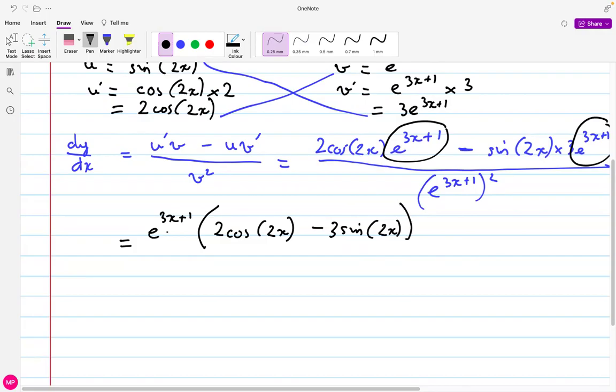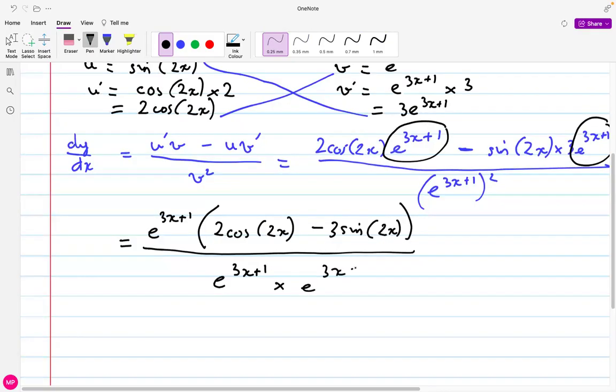Okay. Over e to the power of 3x plus 1 squared, which is technically e to the power of 3x plus 1 written twice, so let me keep that. So e to the power of 3x plus 1, and then you times by e to the power of 3x plus 1. If you think about the square, I mean you write it twice. The reason why I do that is because I can see there's a times here, they're all factorized, so I can actually cancel out one of them.